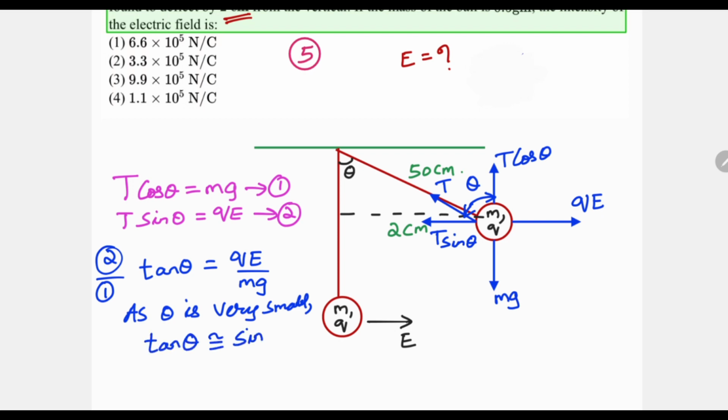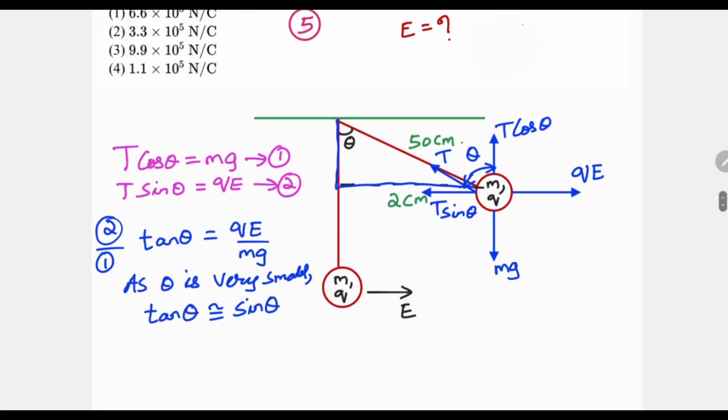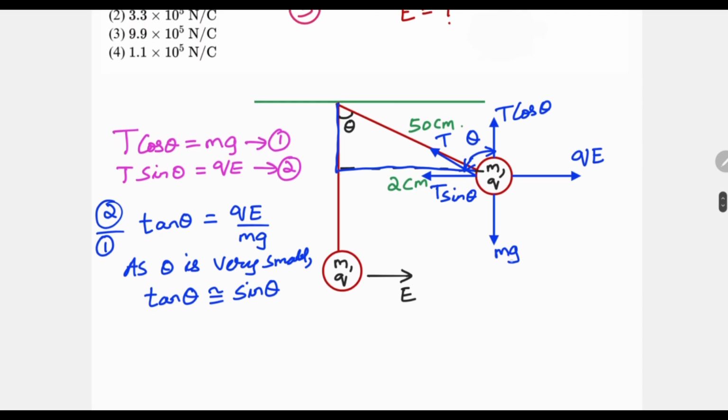We can make an approximation like that, because from this triangle, it is easy to calculate sin theta. So what is sin theta from that triangle? Sin theta equals opposite side by hypotenuse. That means 2 by 50. So you can write sin theta equal to QE by mg.